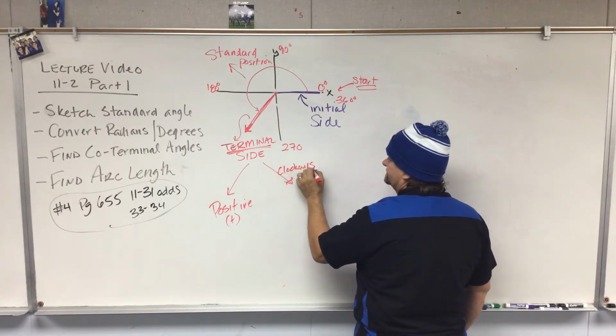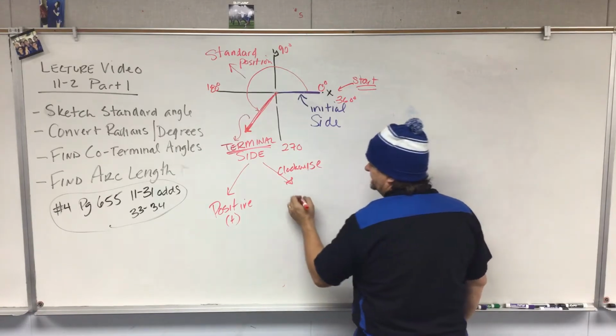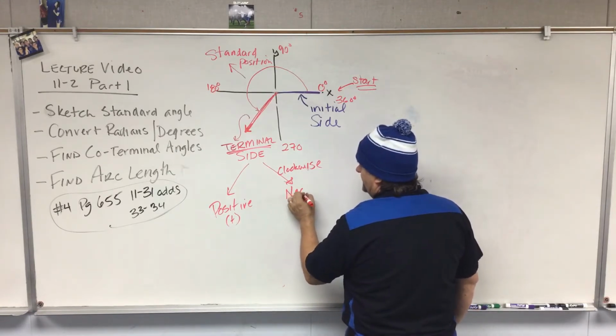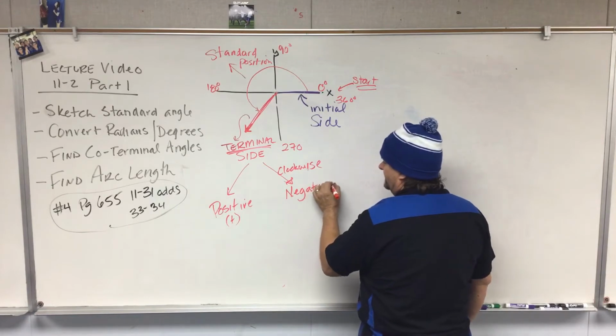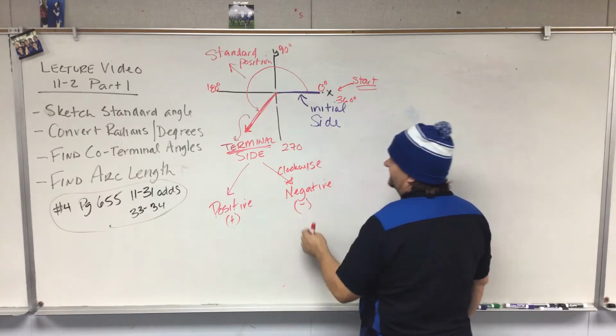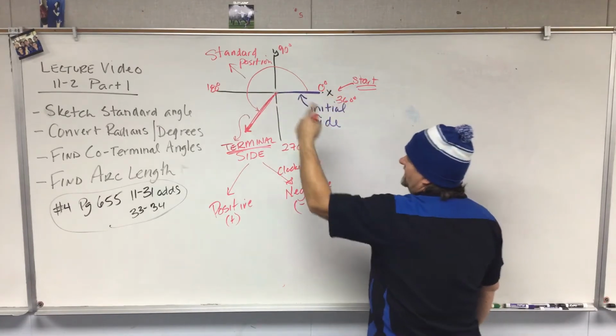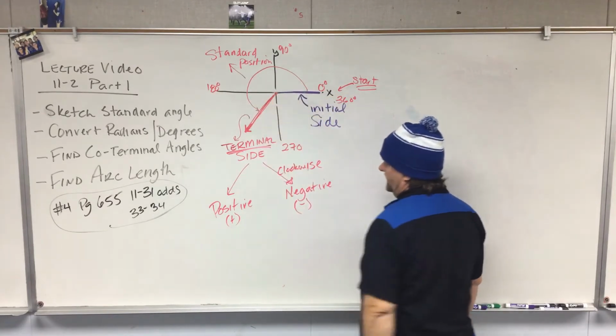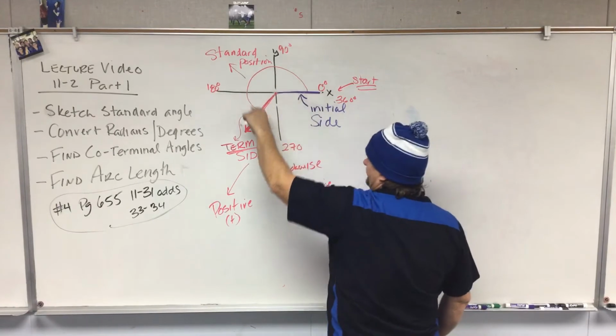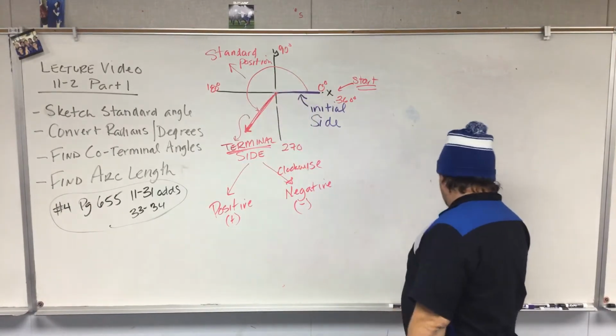If it goes clockwise, it's in a negative direction. So if it's a negative angle, it goes this way, always from the start. And if it's a positive angle, it goes this way. It goes to the left, which is counterclockwise.